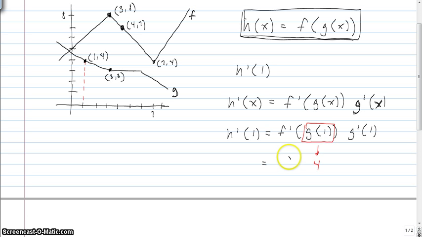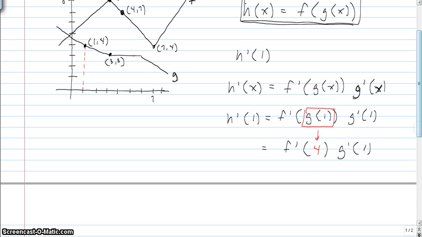So now I've got f prime evaluated at 4 multiplied by g prime at 1. In other words, I want the derivative on the graph of f when x is 4 and the derivative on the graph of g when x is 1.